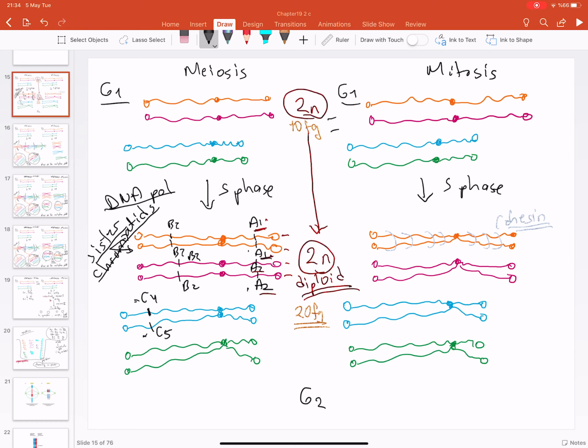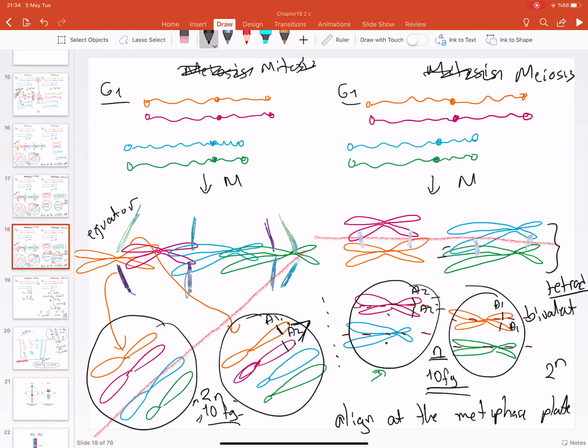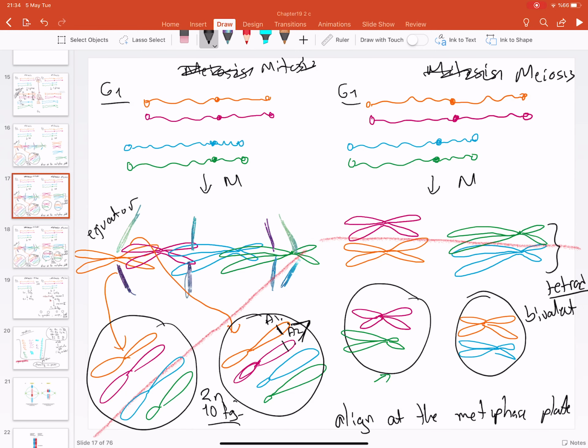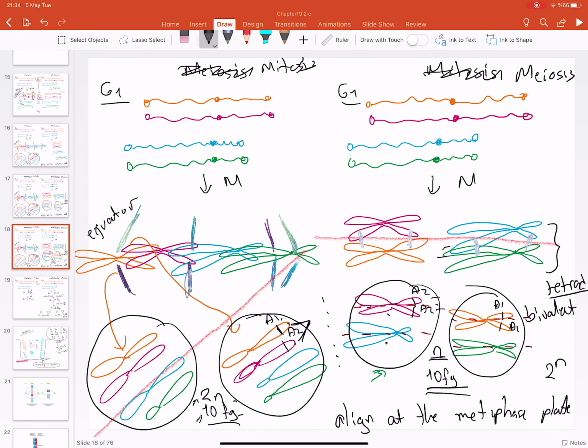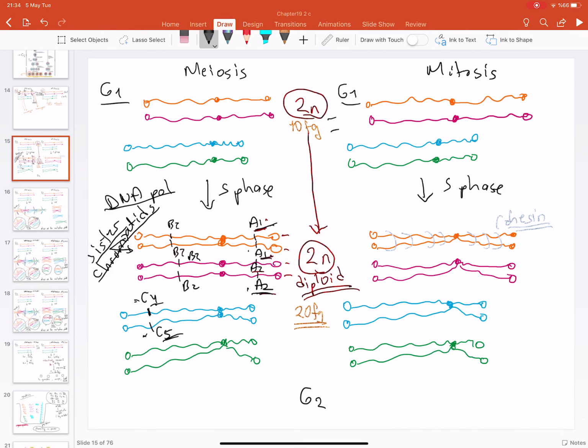You can have the combinations of C4 and A1, C4 and A2, C5 and A1, C5 and A2, because how they align, if they align this way or this way, is a total matter of chance. I mean, they can equally align this way or they can align this way. So they have 50% chance of segregating together or oppositely.